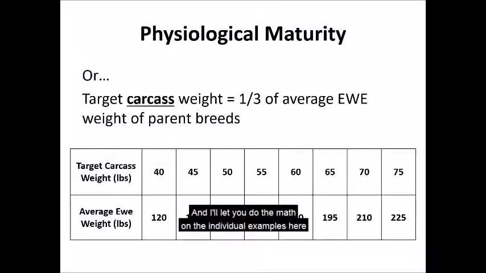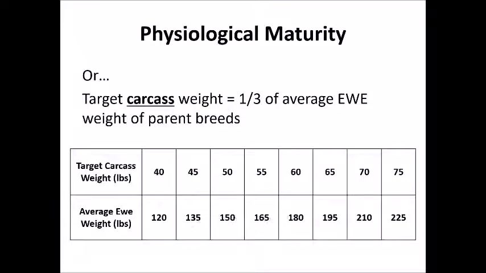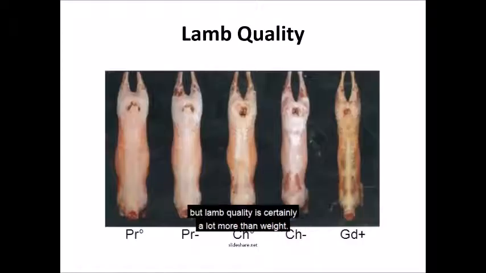And I'll let you do the math on the individual examples here, but this helps you understand or gives some quantification to whether your system is in alignment relative to what you're using and what you're trying to produce: a lamb that's going to be in an optimal point of physiological maturity in terms of both its feed efficiency and its carcass merit.